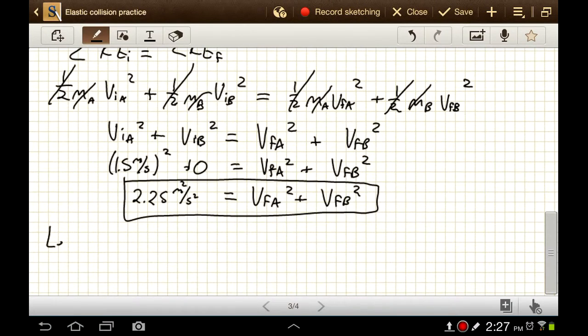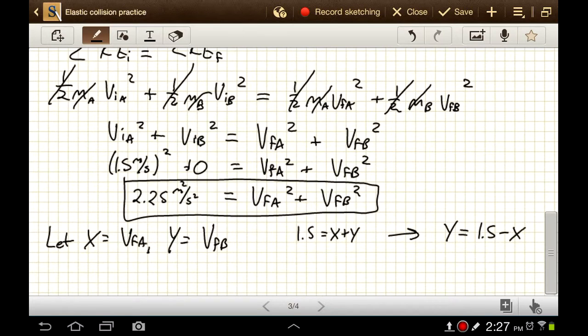So I'm going to say let x equal v final A and y equal v final B. So my two equations then are 1.5 equals x plus y, which I rewrite as y equals 1.5 minus x, and 2.25 equals x squared plus y squared, which I rewrite as y equals plus or minus the square root of 2.25 minus x squared. Now we'll go to the calculator and graph both of those to see where they intersect.